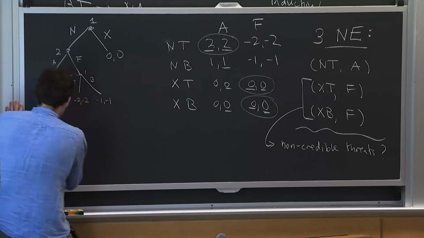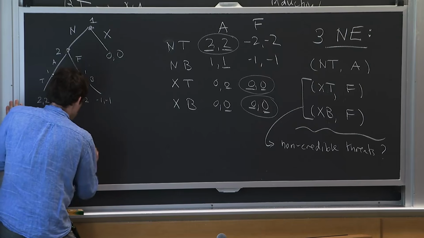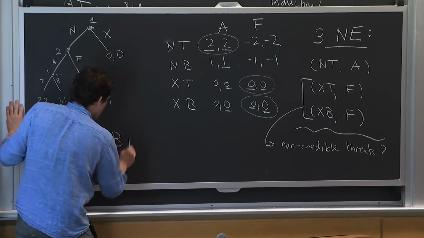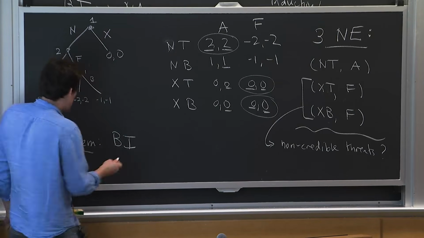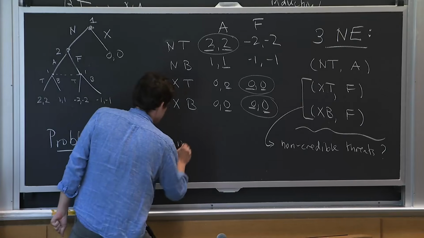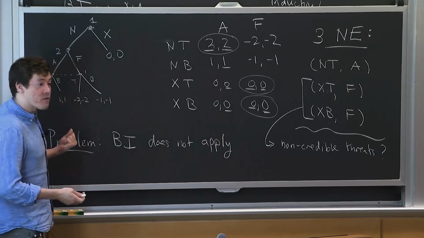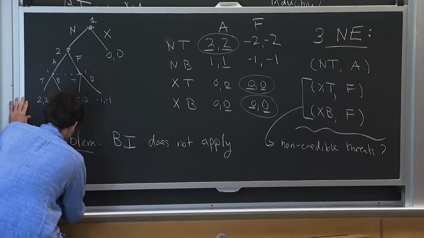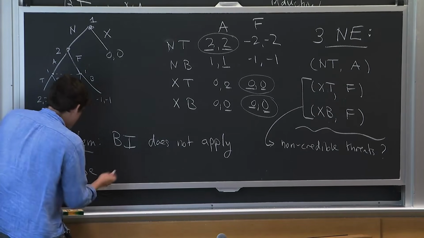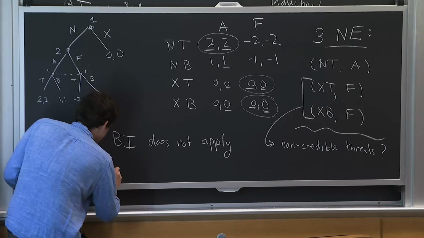So the problem here is that backward induction, BI, does not apply because this game has imperfect information.